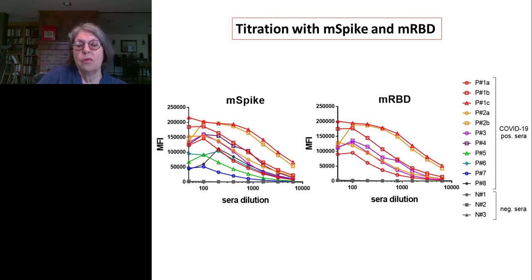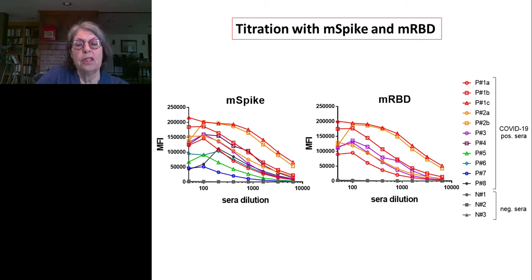The negatives in this graph, shown as N1, 2, and 3 in black, lie right on the y-axis at 0.